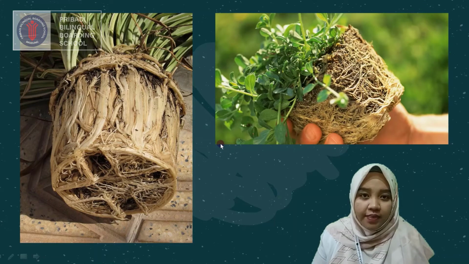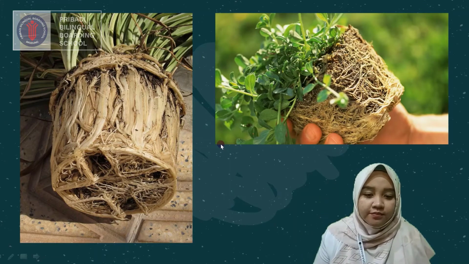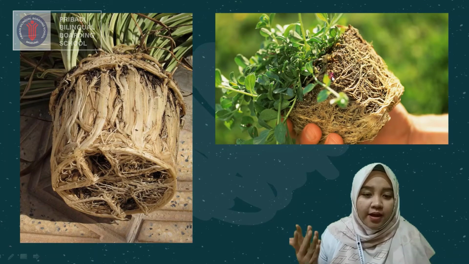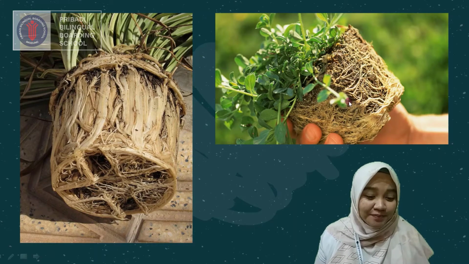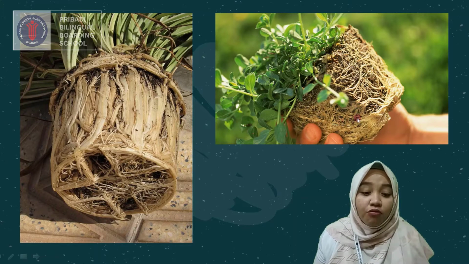I also have another picture up here. What do you think of this plant? Does the root look healthy? No, you can see that the roots are very close to each other.